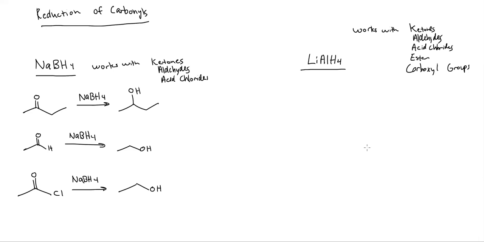So again, if I take any of these first three and put in as the first step lithium aluminum hydride, second step H3O plus, then I'm going to get an alcohol. Same thing here.